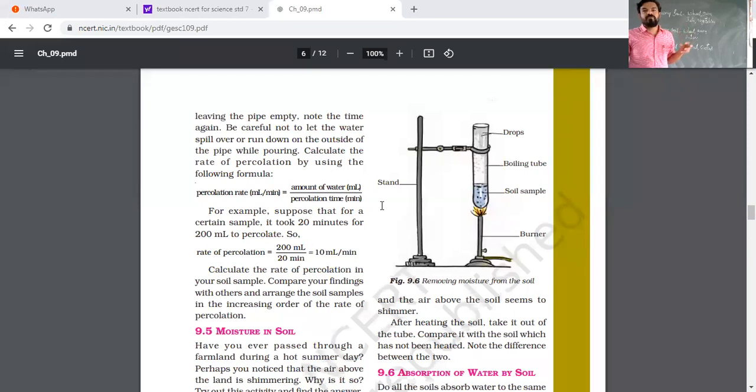If you observe, you can see some small drops on the upper part of the test tube. That means soil holds moisture.